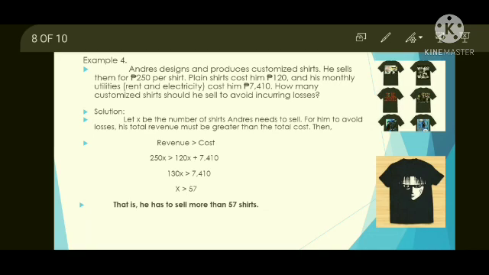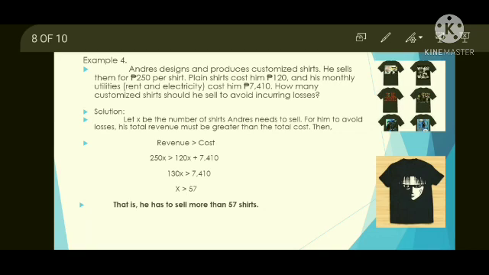For our solution, let x be the number of shirts Andres needs to sell for him to avoid losses. So his total revenue must be greater than the total cost to avoid any kind of loss.